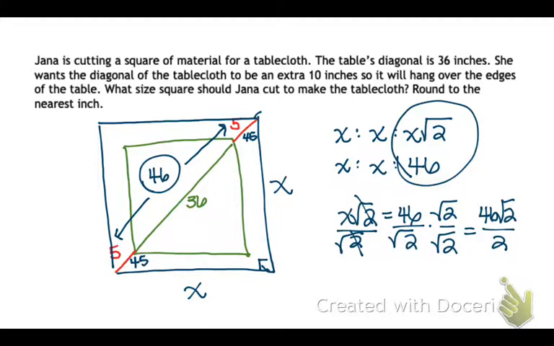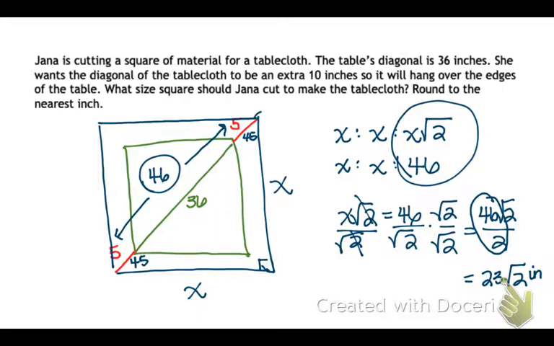The last thing we want to check is whether we can simplify this fraction in the front. And 46 divided by 2 is 23. So 23 radical 2 would be the side length of that square.